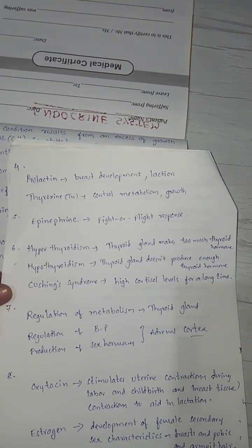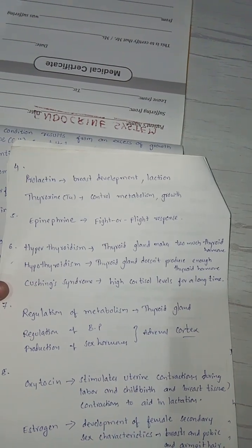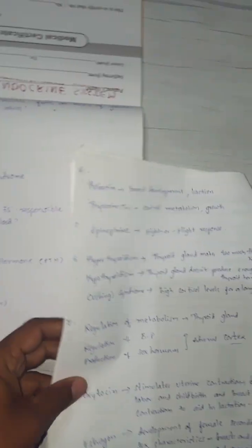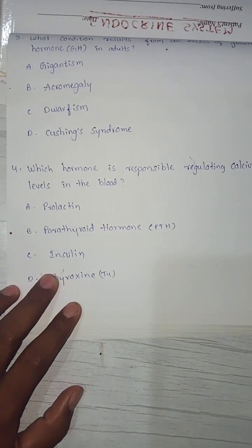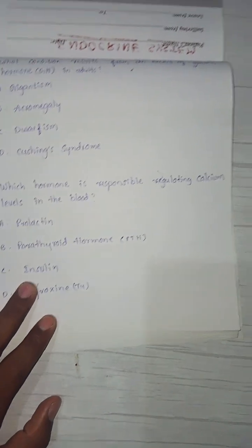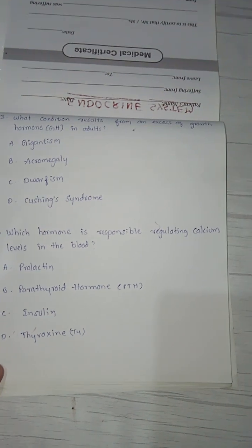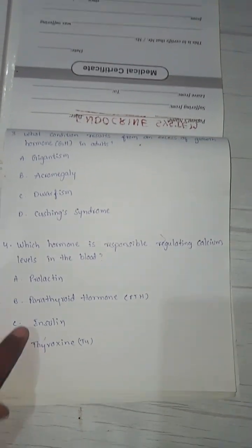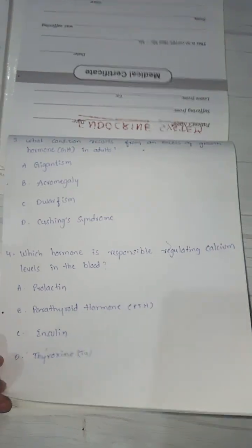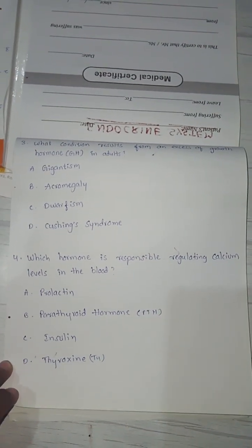Thyroxine T4 controls metabolism and growth. And insulin controls the sugar levels in the blood. So the hormone responsible for regulating calcium levels in the blood is the parathyroid hormone.